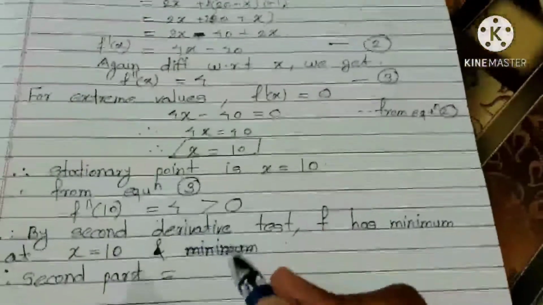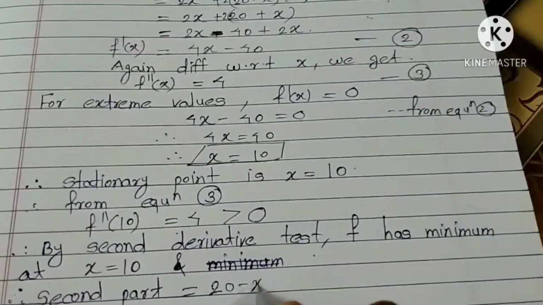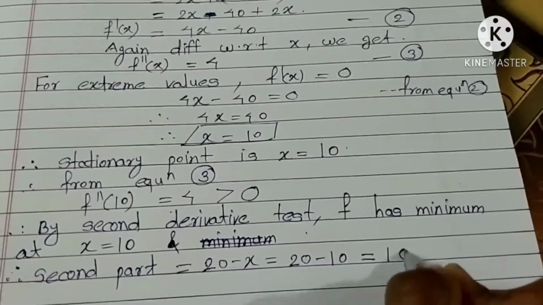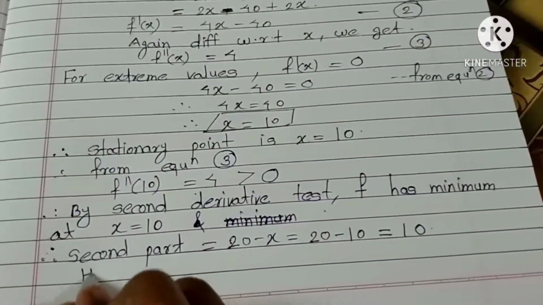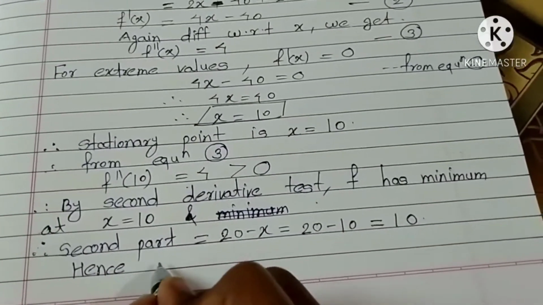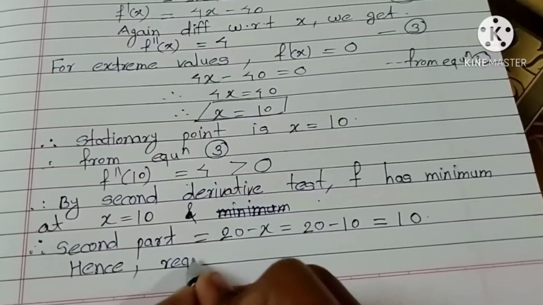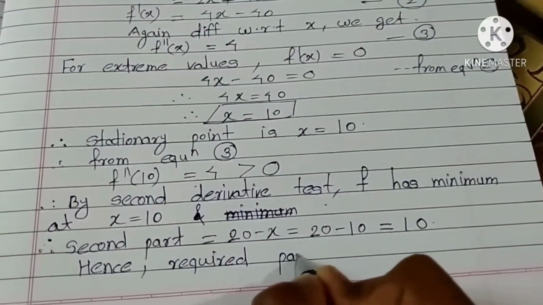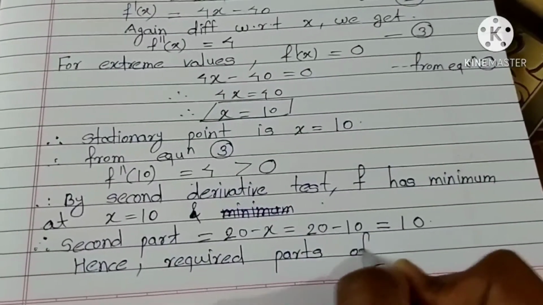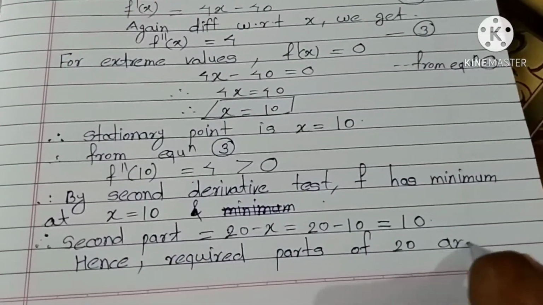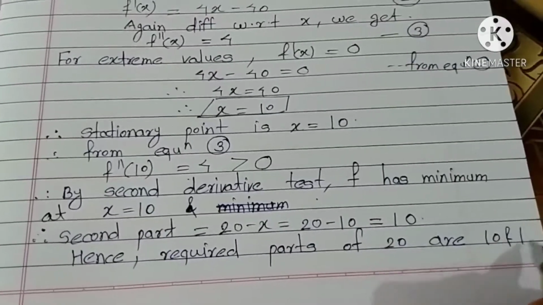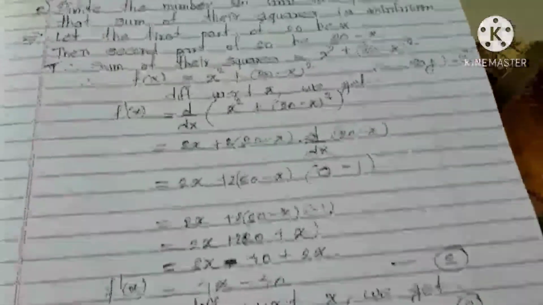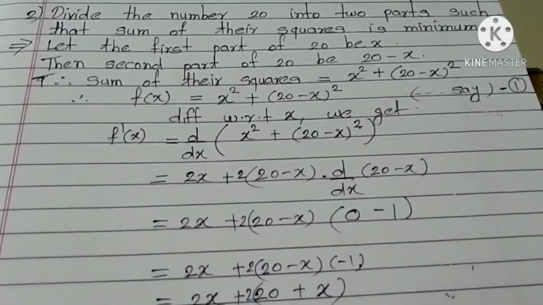So put here 20 minus x, which is equal to 20 minus 10, which is equal to 10, and hence the required parts of 20 are 10 and 10. These are the two parts of 20. Observe the example. It is very simple.